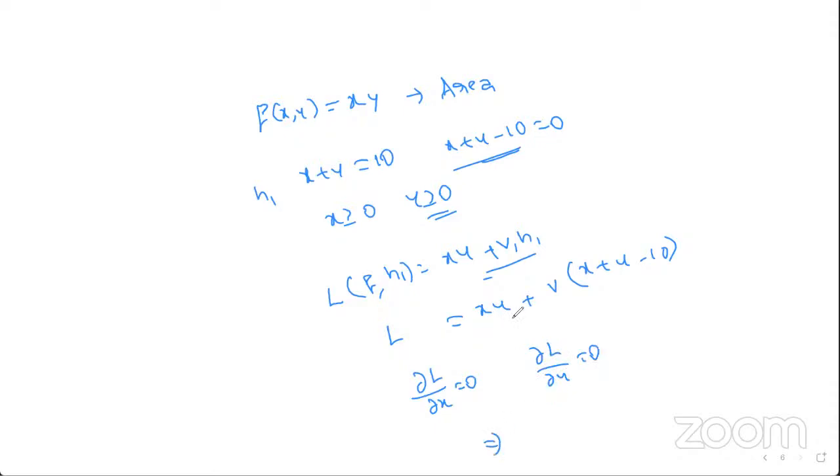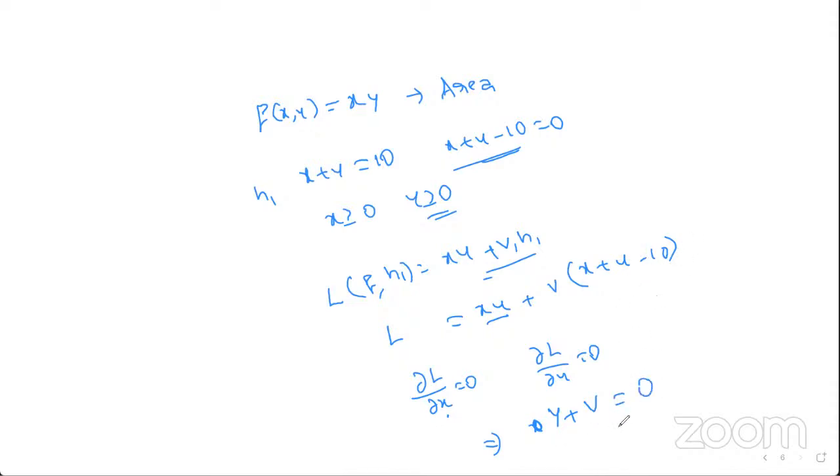If I differentiate xy plus v times (x plus y minus 10) with respect to x, it's going to be y plus v, and the x plus y minus 10 part is 0, so we do not consider that.